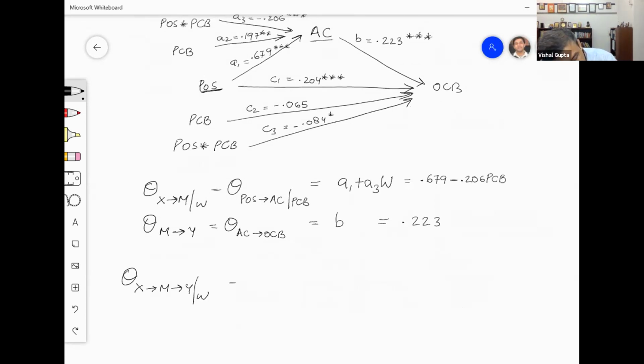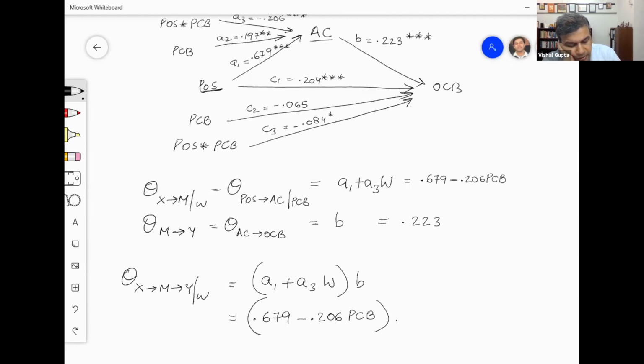It is going to be A1 plus A3W times B, okay, which can be written as 0.679 minus 0.206 PCB whole multiplied with 0.223.